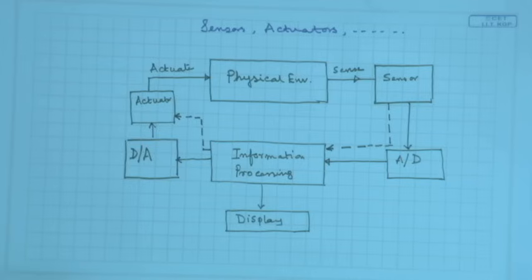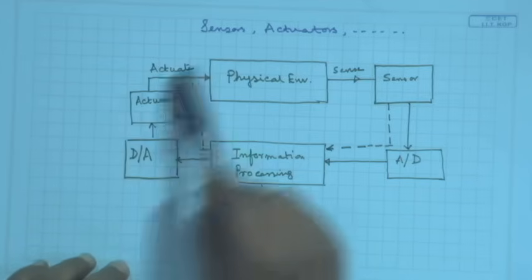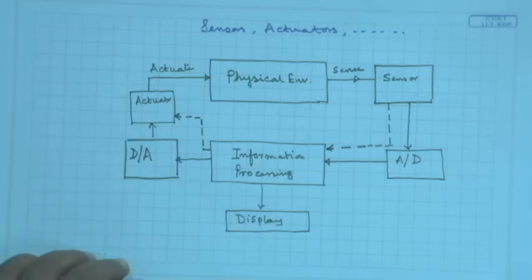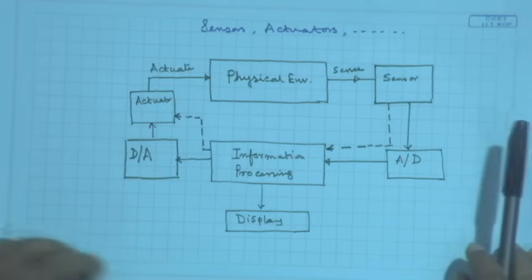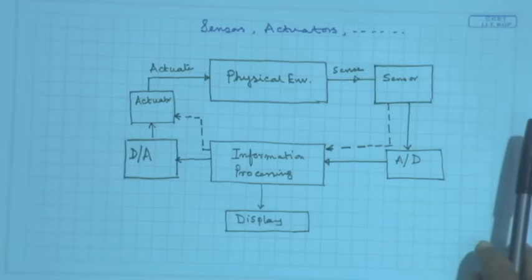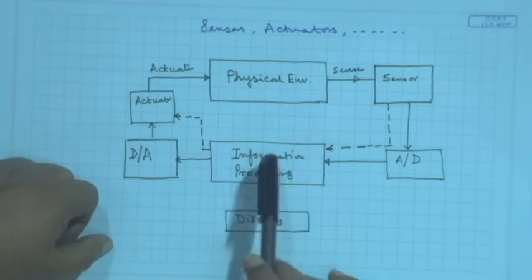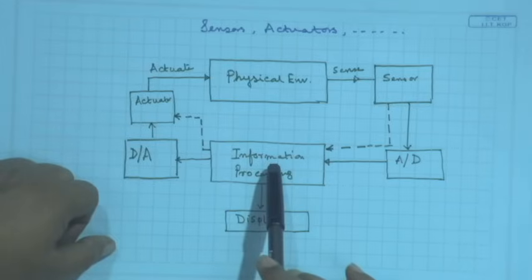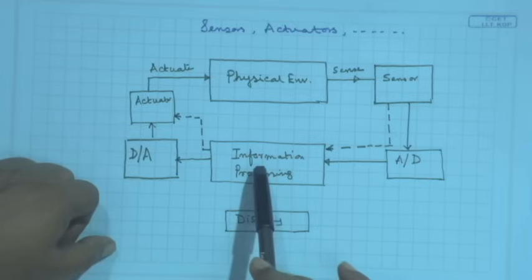Now, in order that the performance of this entire system is up to the level that is expected, not only should your information processing algorithm be correct. Of course, the algorithm will have to respect the real-time constraints, if any, and the power constraints, if any.